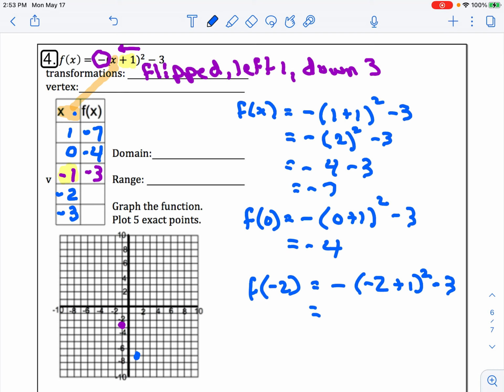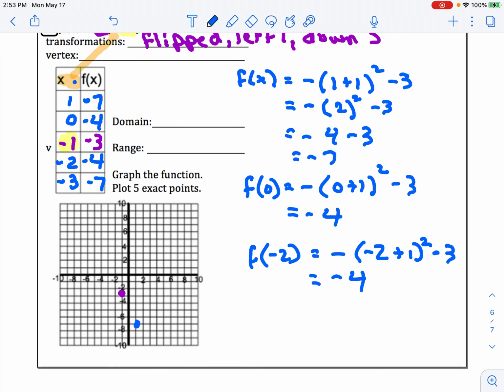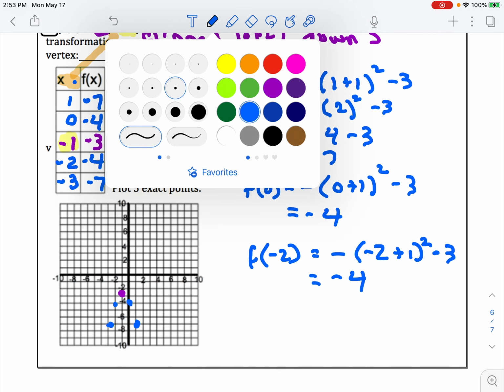Okay, so again, just simplify all of that on your calculator, and that should also give you negative 4. Put your negative 3 in there, calculate it out, and that will also give you negative 7. So I am going to graph these other points, and you can see they match up across the axis of symmetry, and so there is your graph.